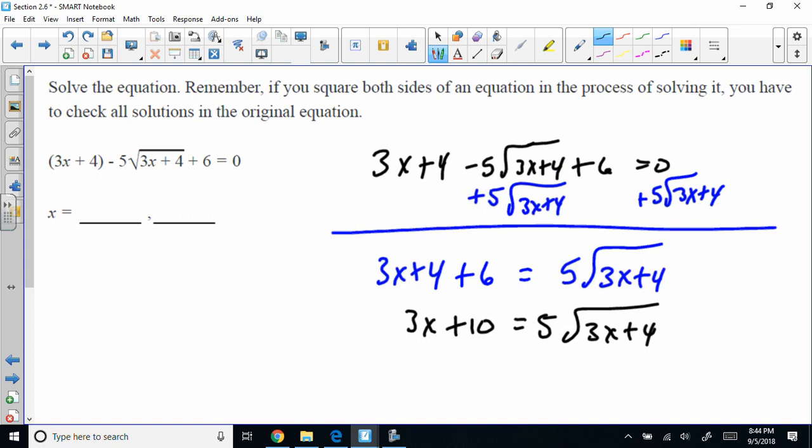We could square both sides right now if we wanted to, right? Why? Well, if I divide the 10 by 5, that's not a problem. But do you see that 3/5 over there?